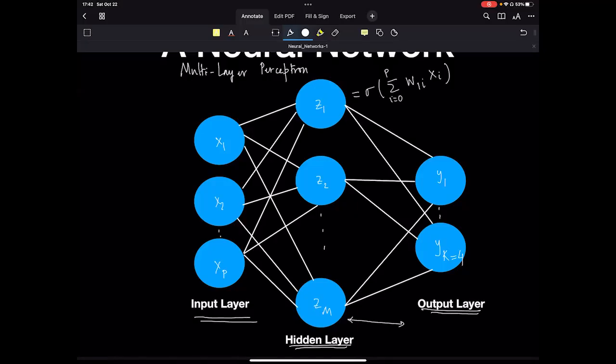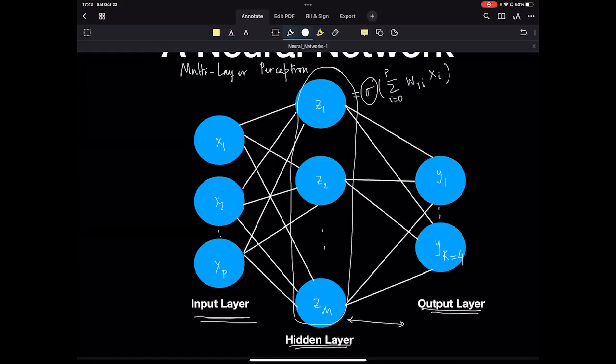Because we again have a composition of functions, that composition is what allows complex input-output relationships to be modeled through the nonlinearity that I have. I will discuss this in a little more detail further on. Now this Z1 is the first hidden node in my hidden layer, and there is also a reason why this is called the hidden layer.